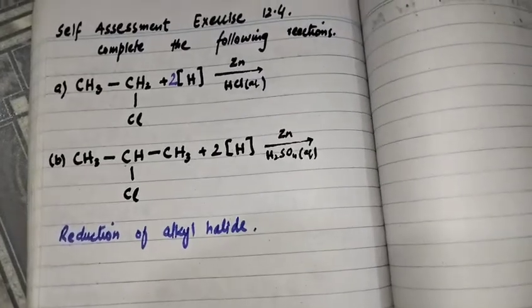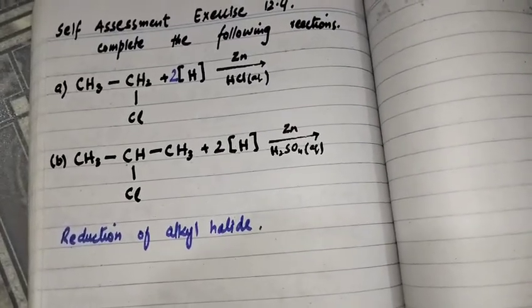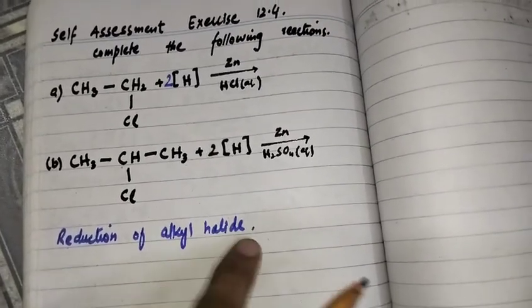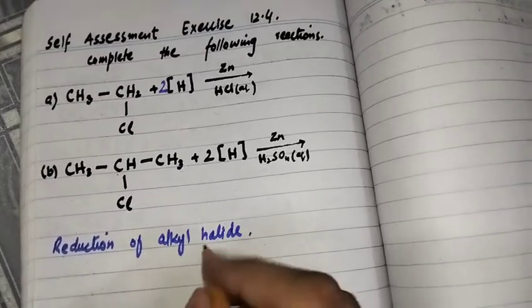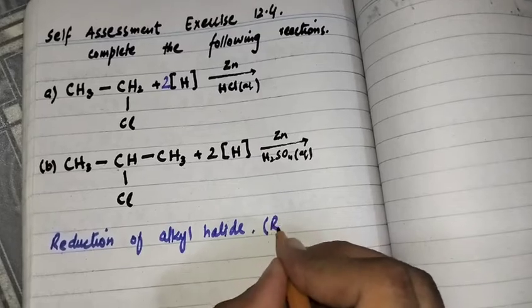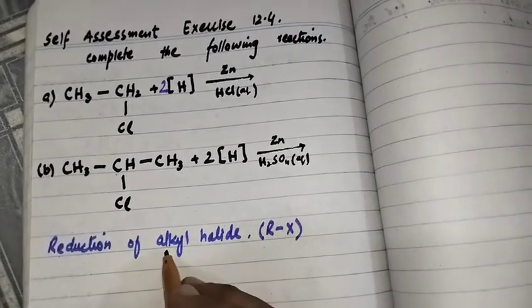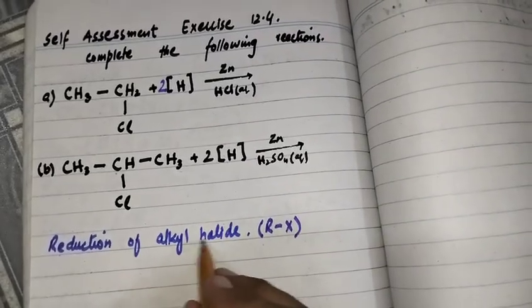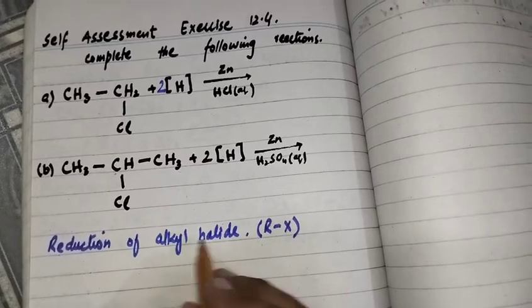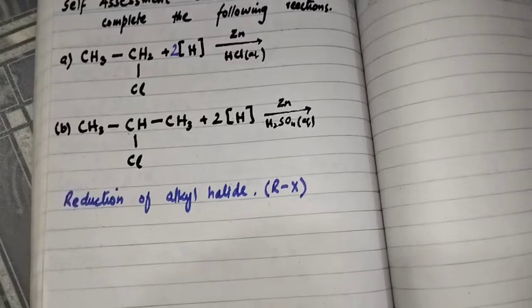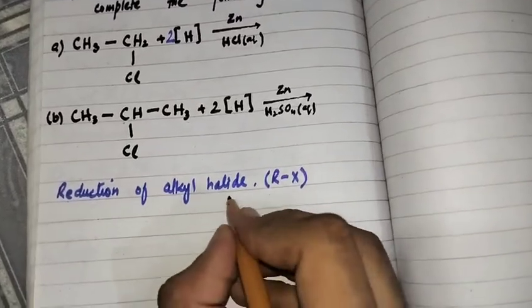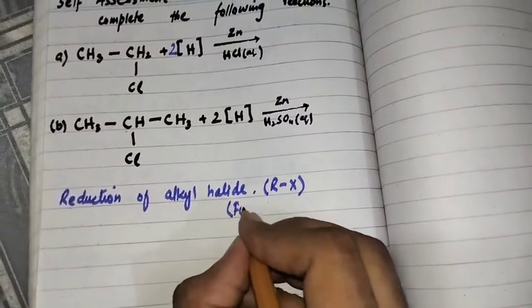Reduction means reaction with nascent hydrogen, and alkyl halide means that alkyl is R and halide is X, meaning RX will react with nascent hydrogen, and it is a reaction for the formation of alkane.